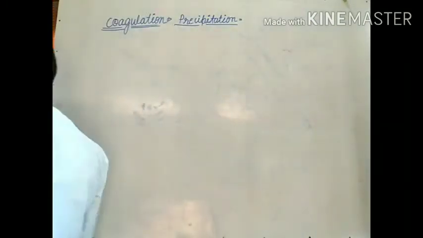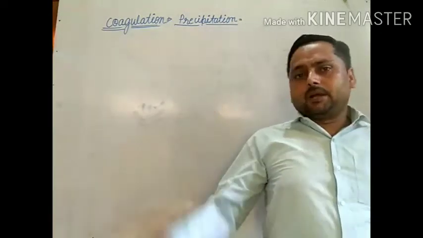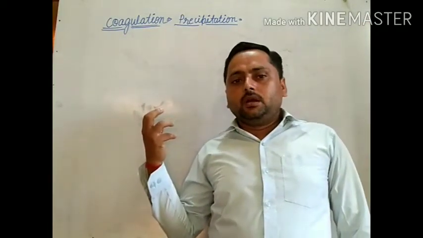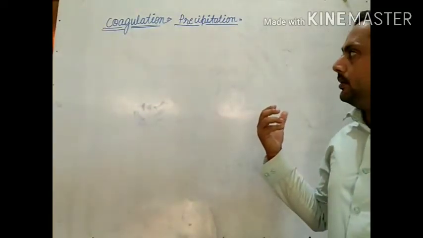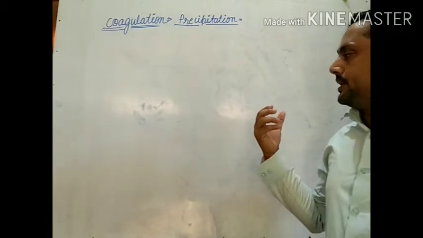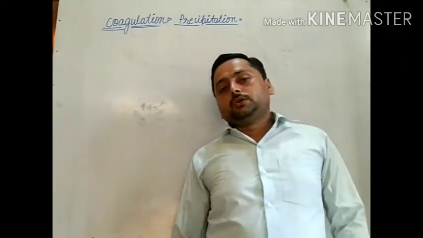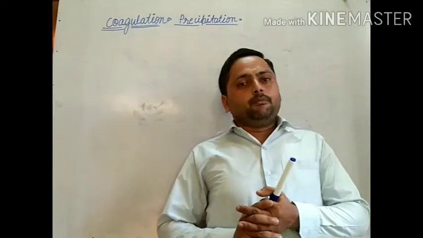Precipitation means the formation of bigger particles that change into solid form, like AgCl. In 11th class you studied the removal of permanent hardness by the washing soda method, you might be remembering. That's why I am taking this one.